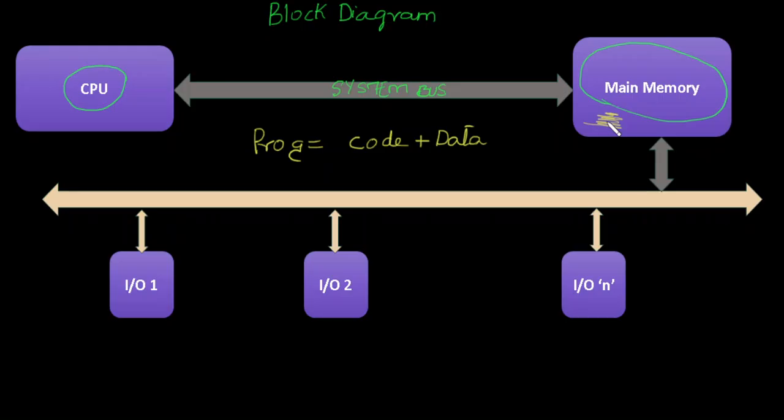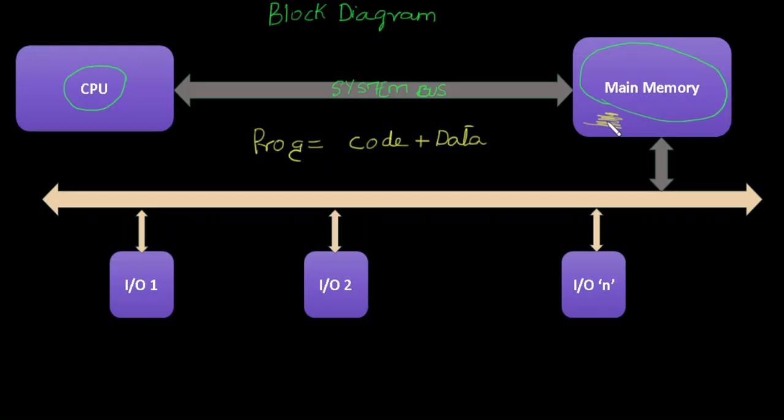So, friends, look at this block diagram. The CPU, also called the processor, is an electronic device, right? It cannot understand the instructions given by us in any high level language like English.